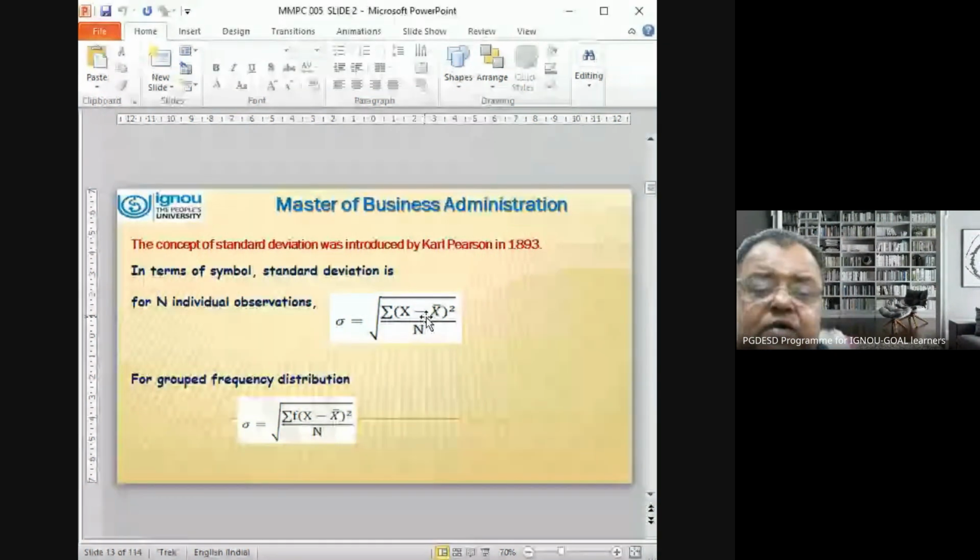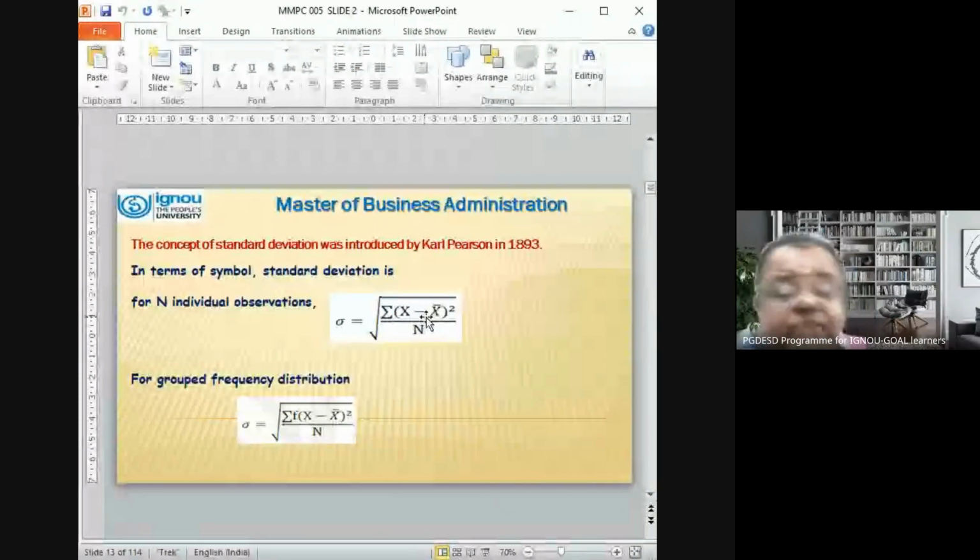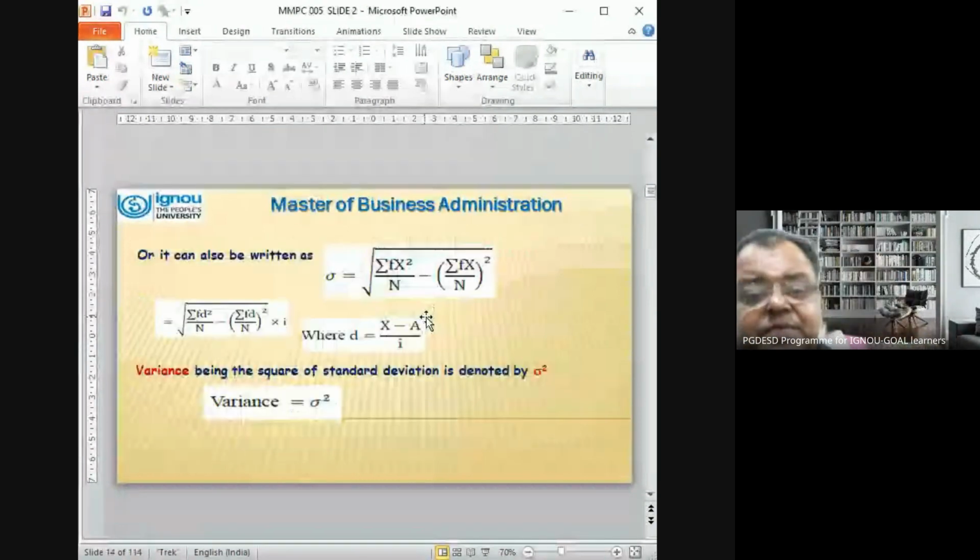For a grouped frequency distribution, you can see over here, f is included in this. This is the basic difference, and we will be using this if the data is small, and if the data is big, the third formula will be used. Here comes the third formula. Sigma is equal to under root summation fx square divided by n minus (summation fx by n) whole square.